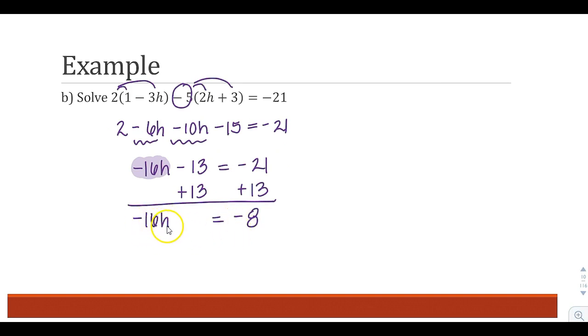And then here, to get h by itself, remember this is negative 16 times h. So we're going to need to divide by negative 16 on both sides of the equation.